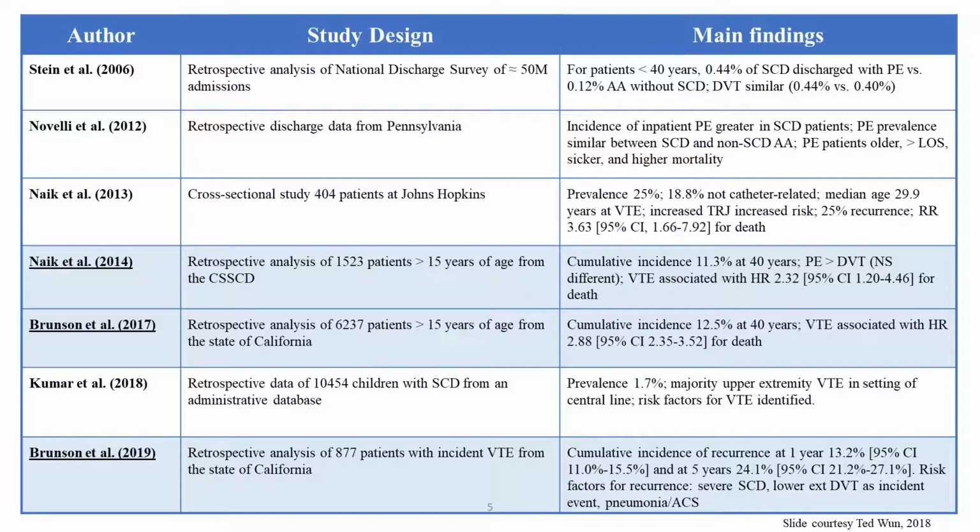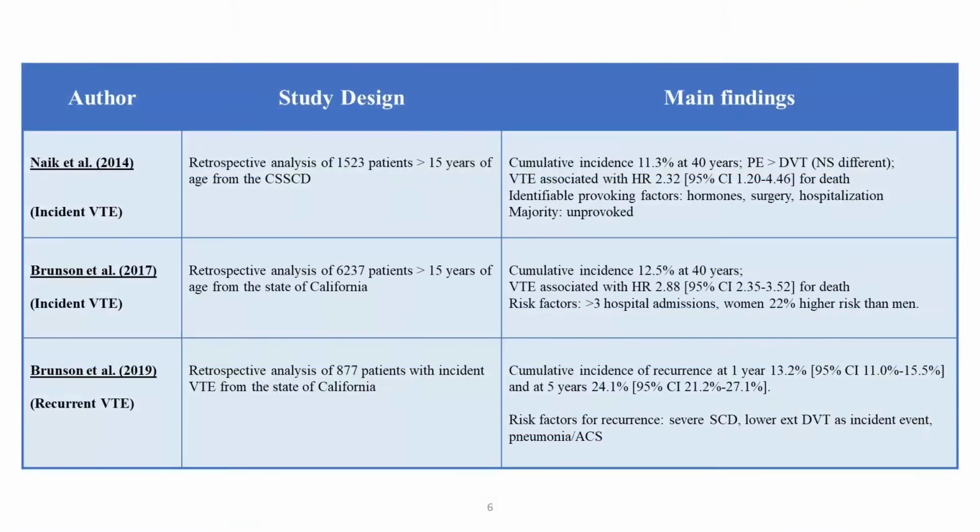The first, by Raki Naik and her group at Hopkins, published in 2014, shows a cumulative incidence of 11% of venous thromboembolism in sickle cell disease patients by the age of 40. The identified provoking factors were hormones, surgery, and hospitalization, but interestingly, the majority were unprovoked. That is, they were not associated with something that was associated with thrombosis risk.